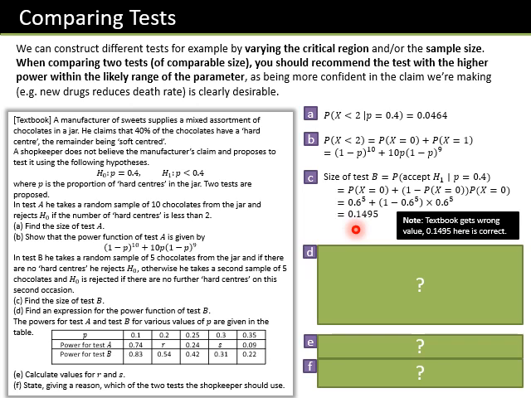Again, I think it's quite important to notice that what we're going to be doing for D, finding the power of the test, is doing exactly the same thing, except in the part here where we've got 0.6, we're going to replace that with a p.